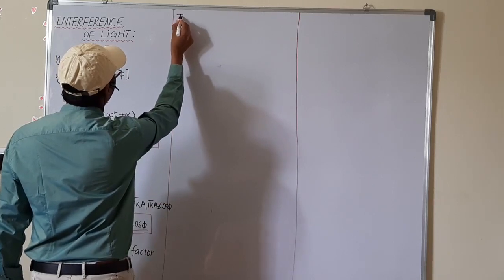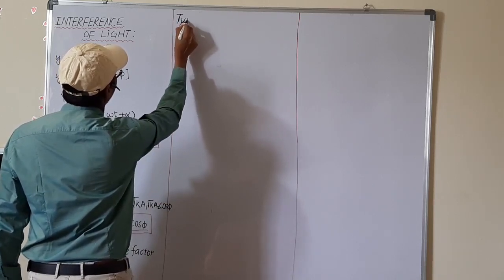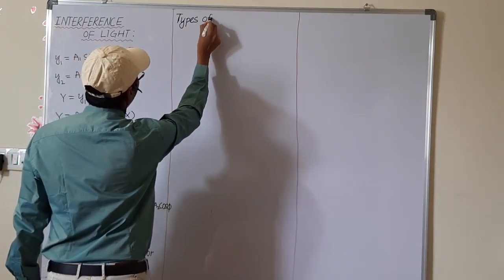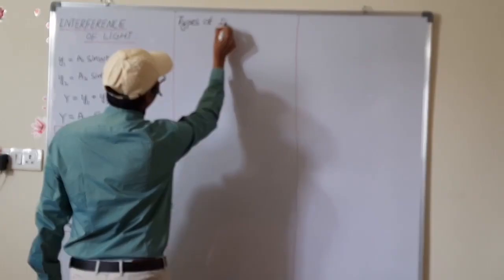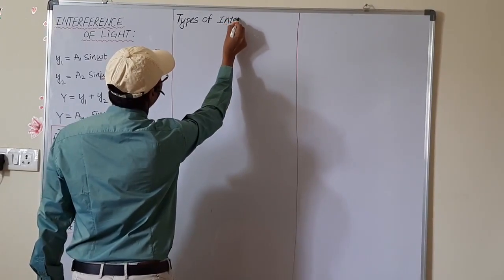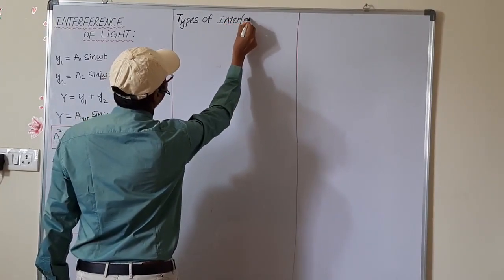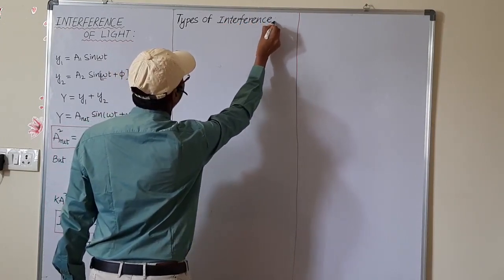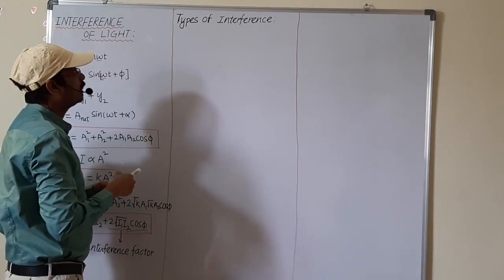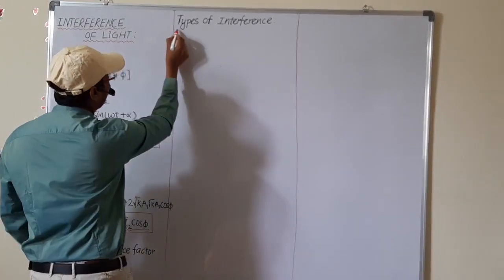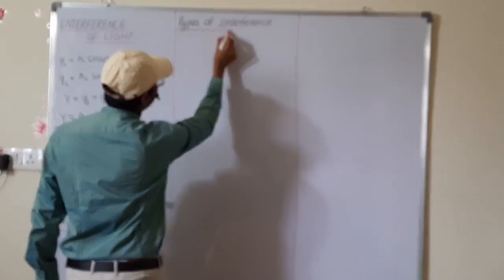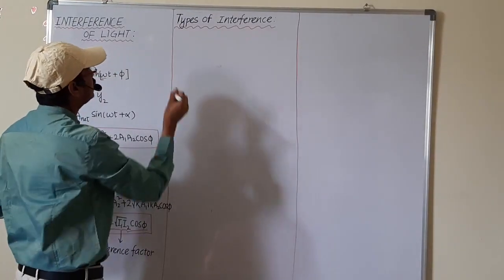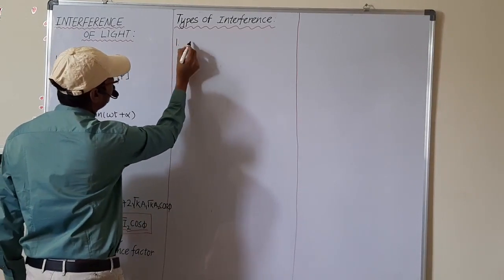Here we are taking two types according to maximum intensity and minimum intensity. The first one we are discussing is constructive interference.